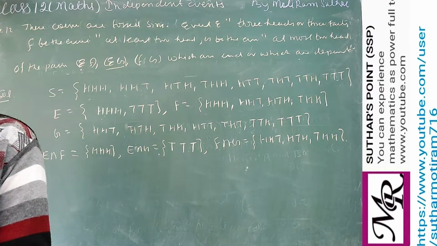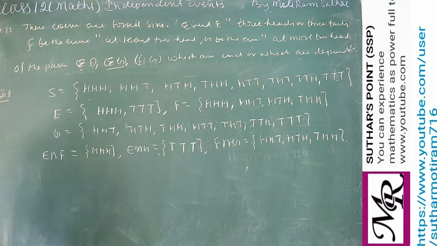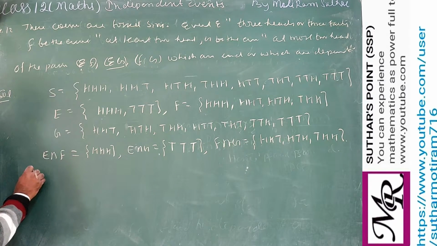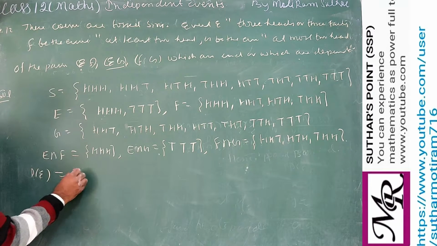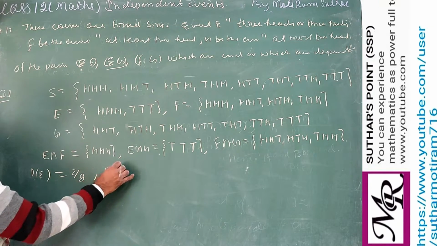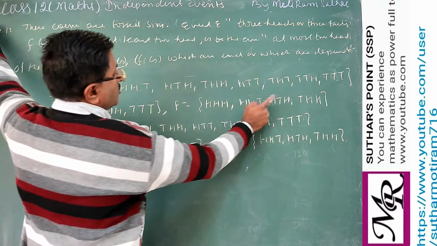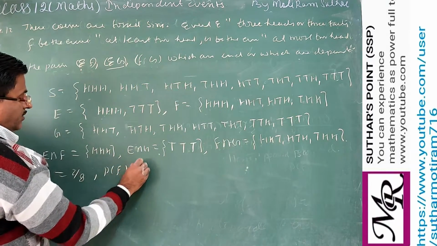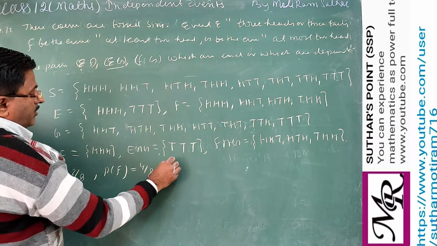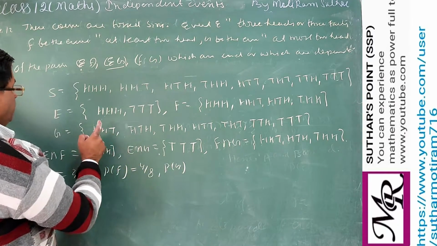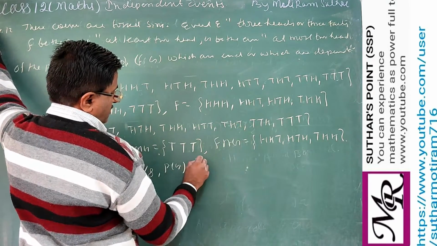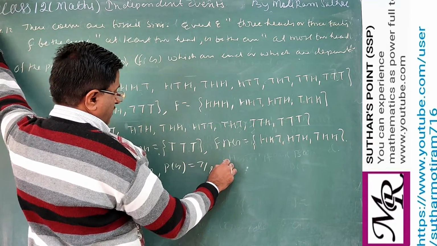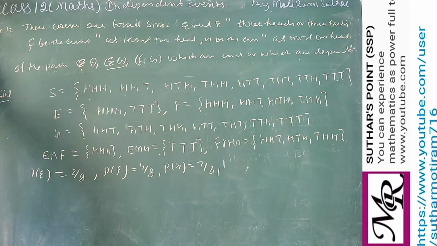Now we have to find the probabilities of all these. Probability of E: how many cases? 2 upon 8. Probability of F: 4 upon 8. Probability of G: how many points in G? 7, so 7 by 8. So these are the individual probabilities.